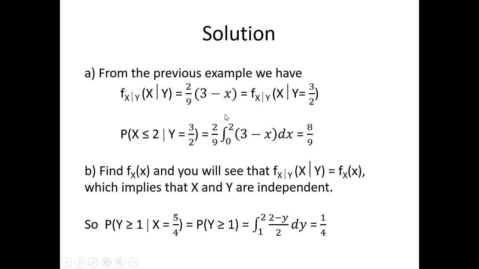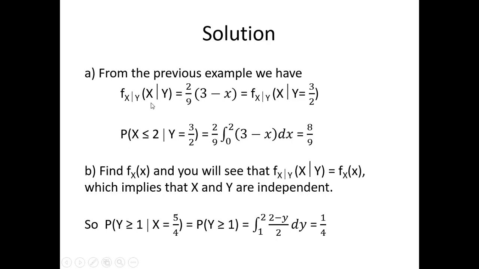So we go back to this conditional distribution because we have a conditional probability to find. And here I have x given y as this function. Notice that this function does not contain any y terms.